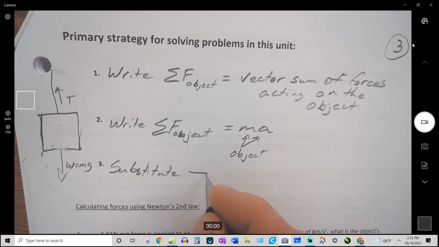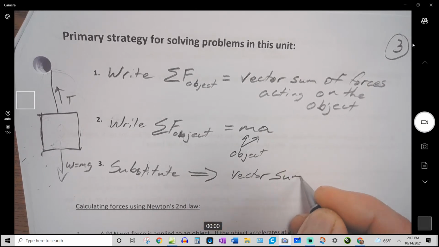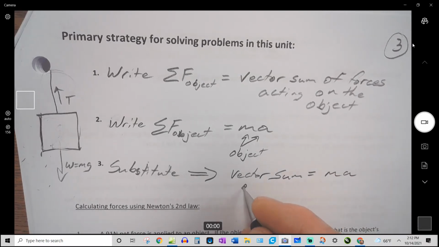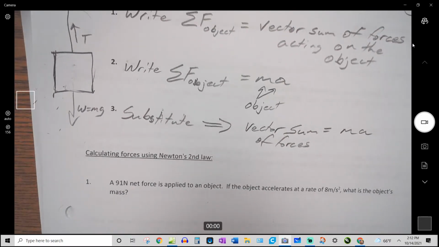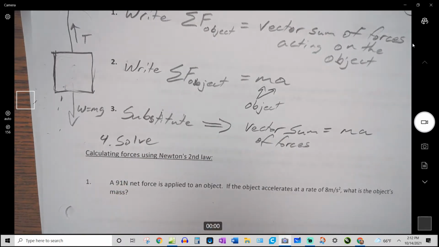Substitute, and I'll just say the vector sum equals MA. And then really the unwritten step 4 is to solve. But it's going to be that over and over and over again.